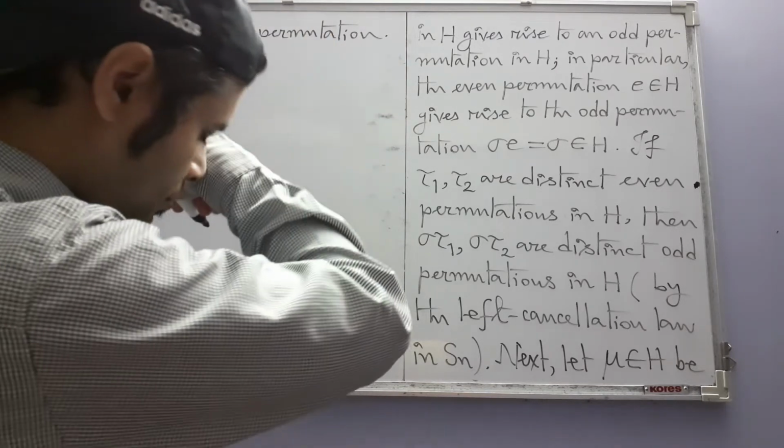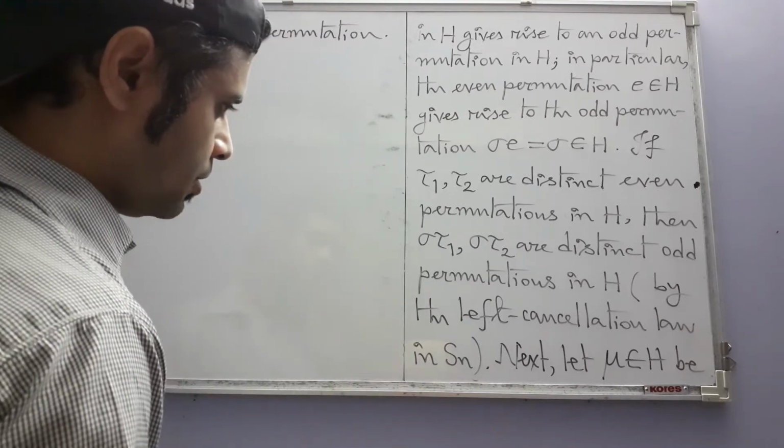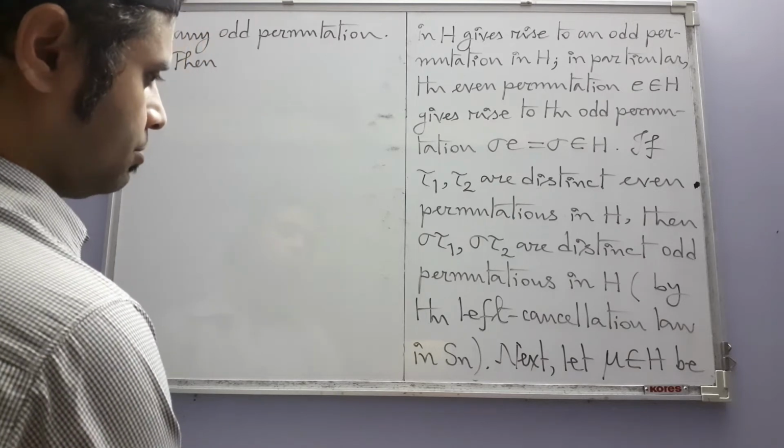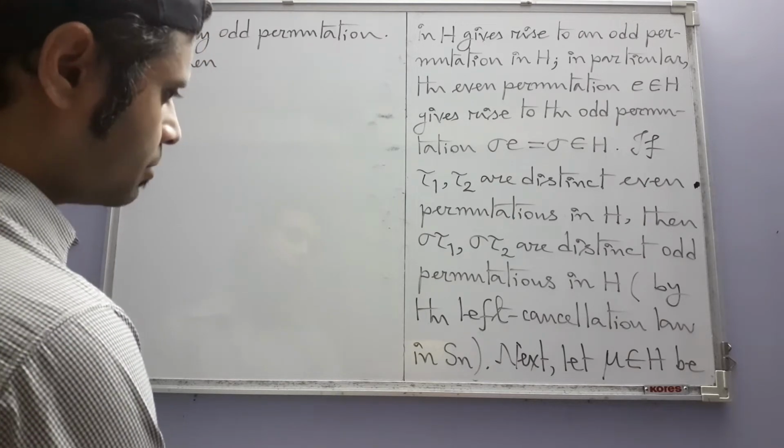Then mu is equal to sigma tau, that means tau is sigma inverse mu.